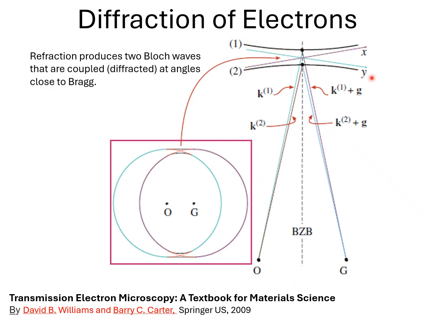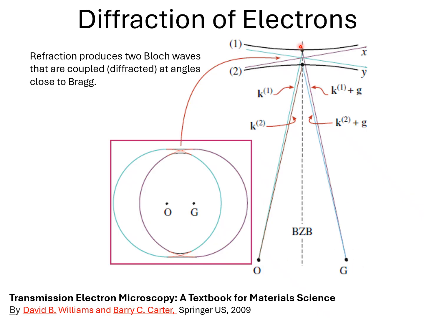But when we think about dispersion, there are two possible waves now. We've created this slowed wave, which has a shorter wavelength, and in terms of the reciprocal space, this amounts to a larger vector for both the direct and the diffracted beam.